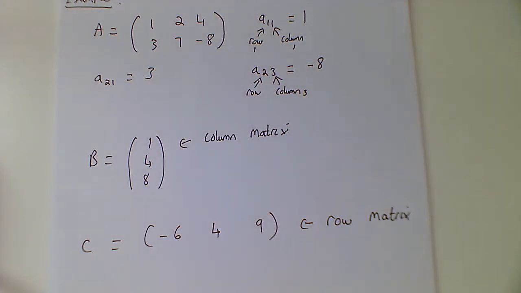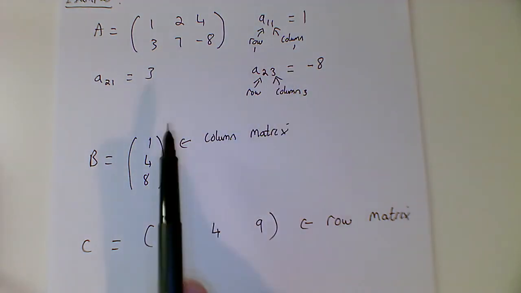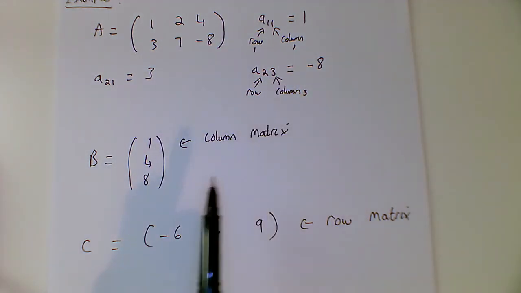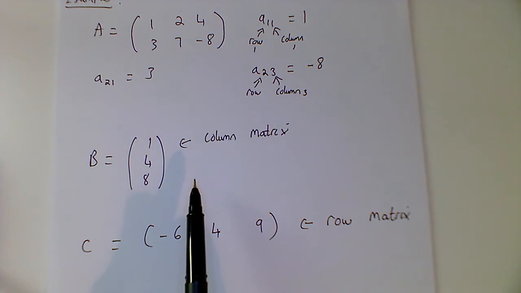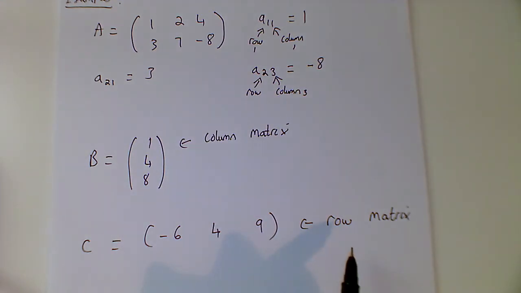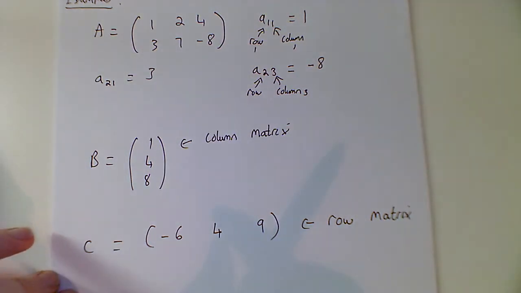So that's a row matrix. So that's how you identify the different elements. That's what a column matrix is, and that's what a row matrix is.